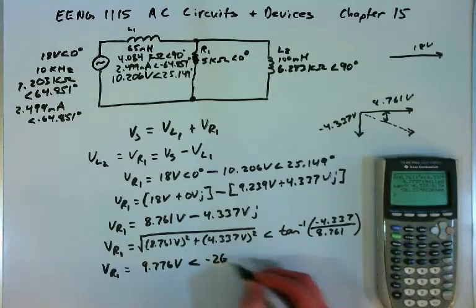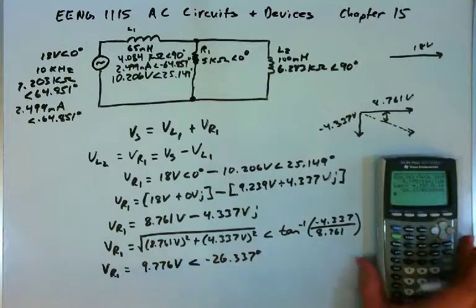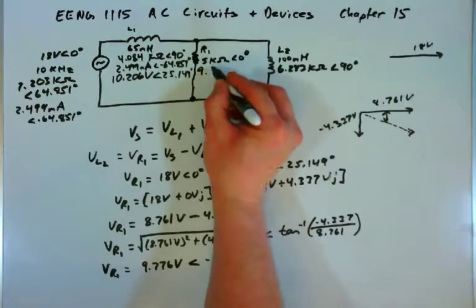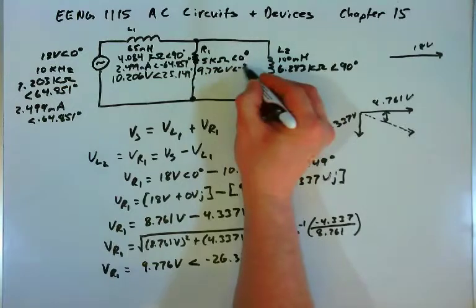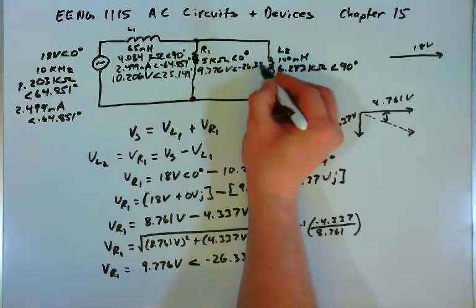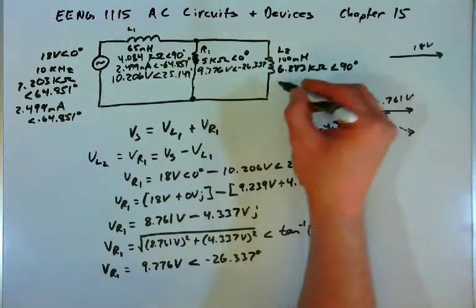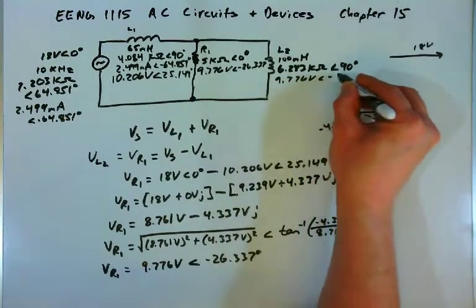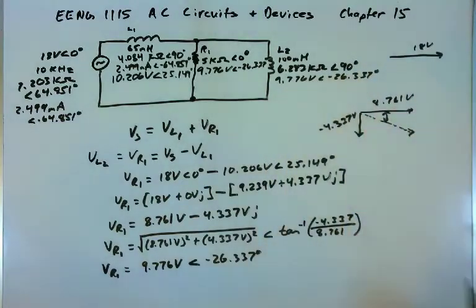And so the angle is negative 26.337 degrees. That looks about like what we're looking for, so we're pretty confident that we have the right answer here. So the voltage drop on R1 is 9.776 volts at an angle of negative 26.337 degrees. It's the same voltage drop we'll have on L2. They will be equal, so we'll have 9.776 volts at an angle of negative 26.337 degrees.